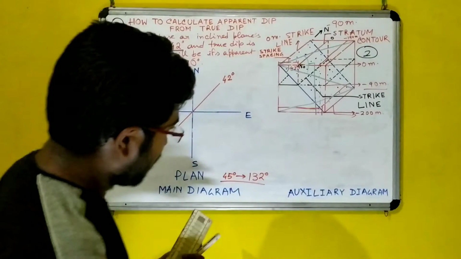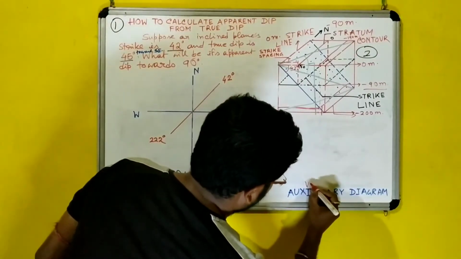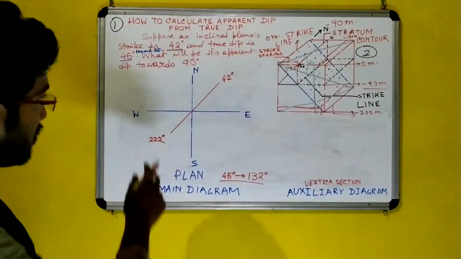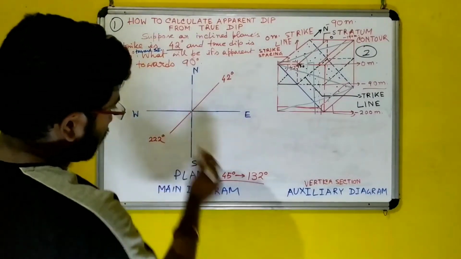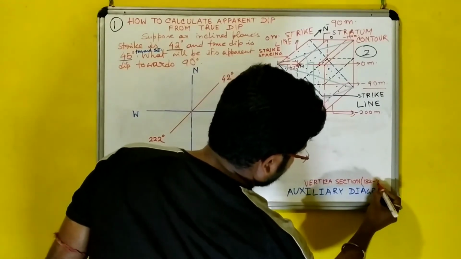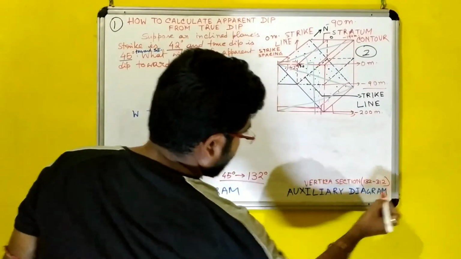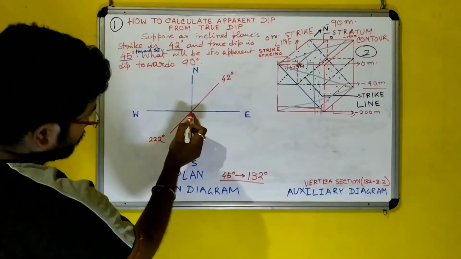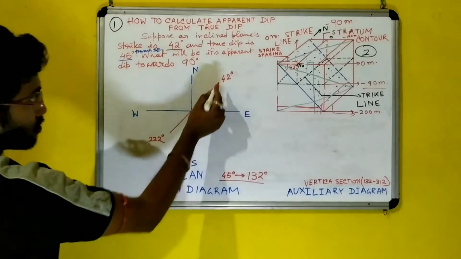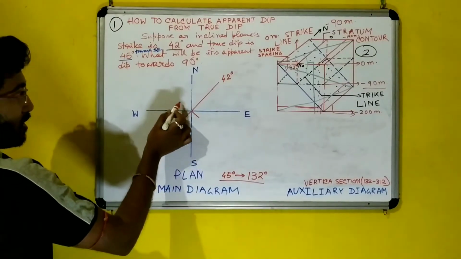So this is the vertical section, or section of plane, the trend or strike of which is 132, 312. It means this direction is the 2D direction. This is 132 because this is 42, and we will add this.